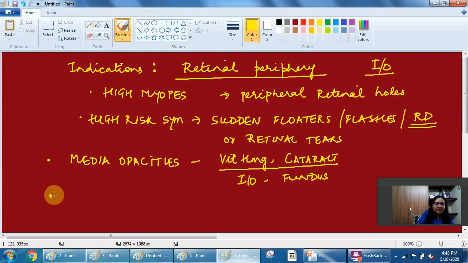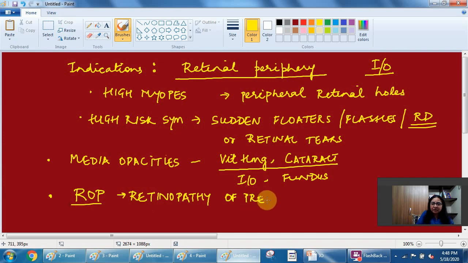Then a very important indication is ROP, that is retinopathy of prematurity. It is a disease of premature children, a potentially blinding disease. So retinopathy of prematurity examination is done using an indirect ophthalmoscope.